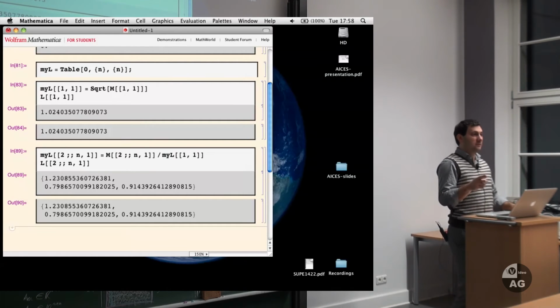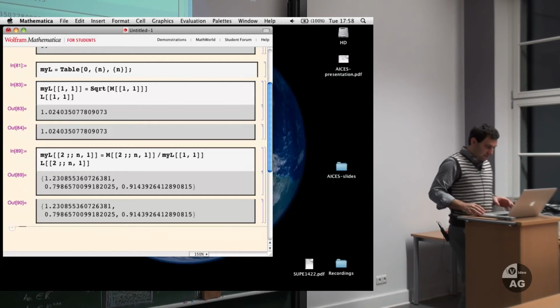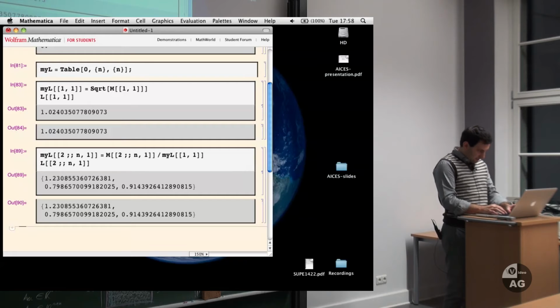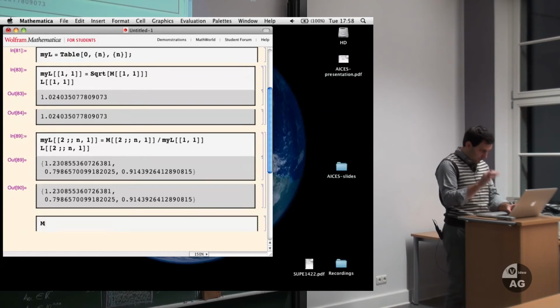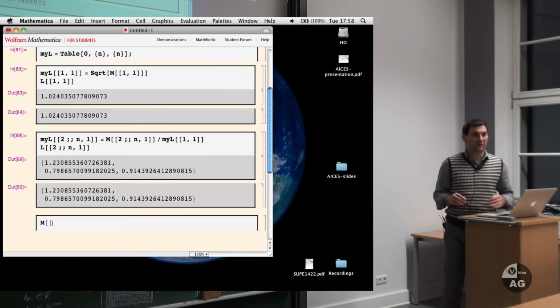What do we have to do now? Update, yes. So tell me how to do this update. Now we want M. We want to update which part of M?